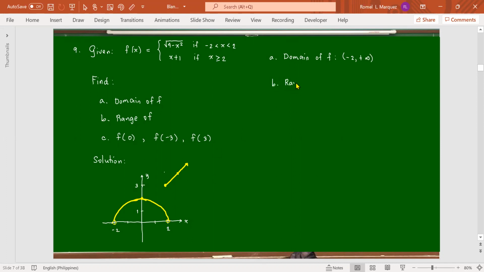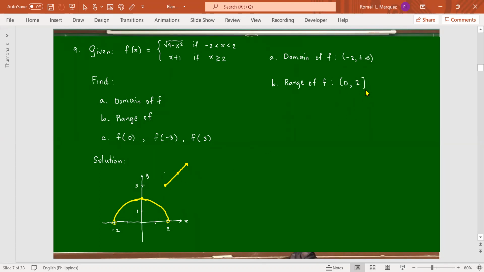For the range of F, we have half open interval 0 to 2, we include 2.